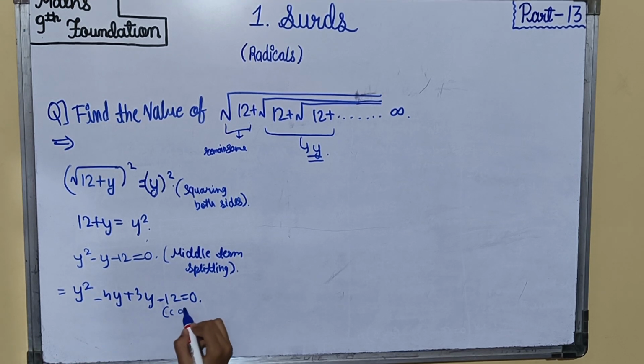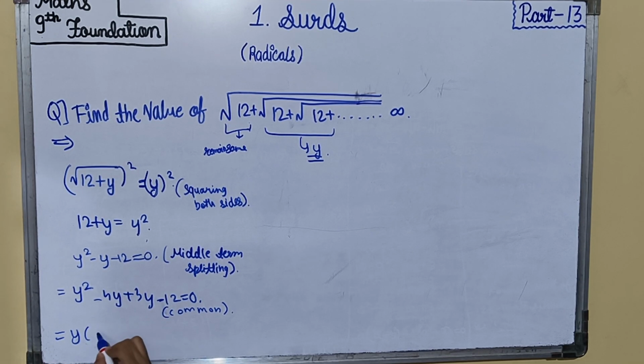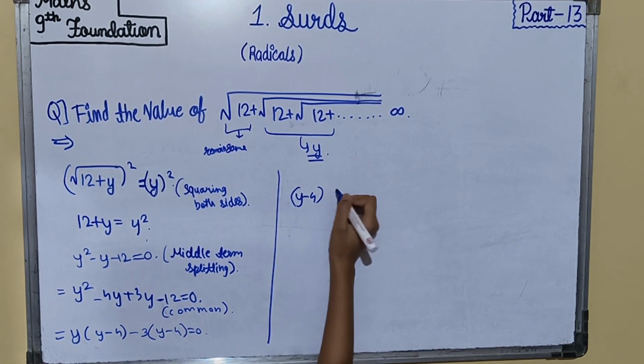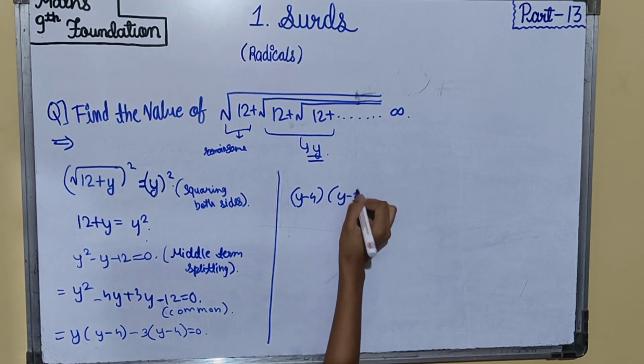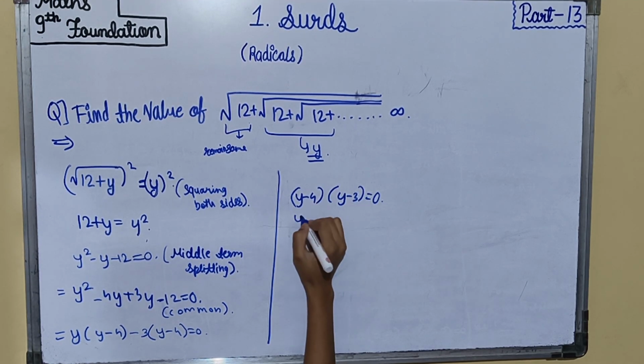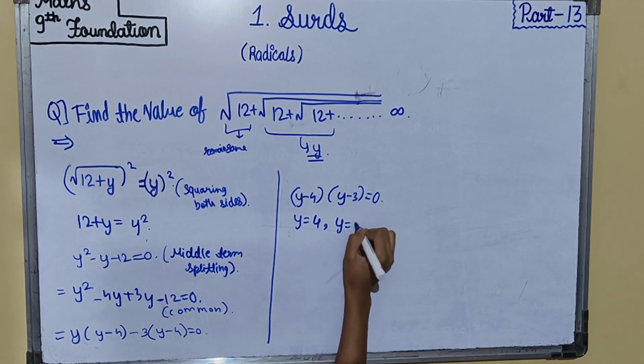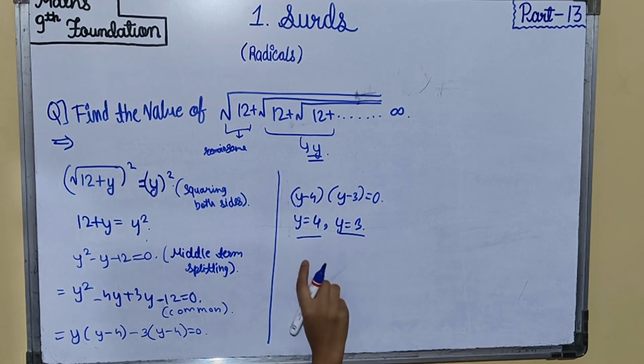We'll take the common: y in bracket y minus 4 minus 3 in bracket y minus 4 is equal to 0. We'll take y minus 4 common and then y minus 3 is equal to 0. From here we'll get the value of y as 4 and the value of y as 3. Like this we get two values.